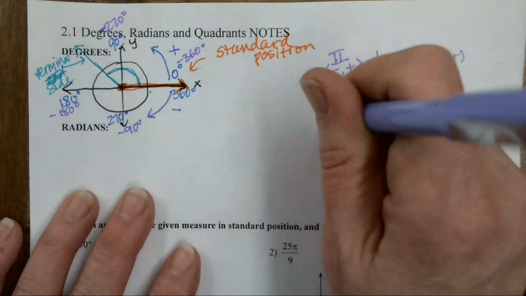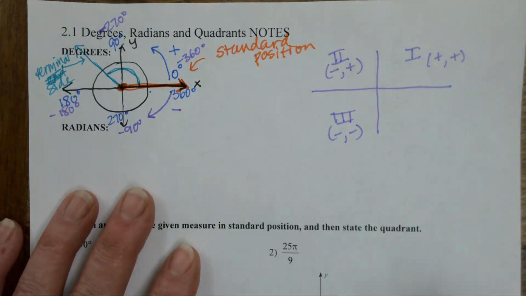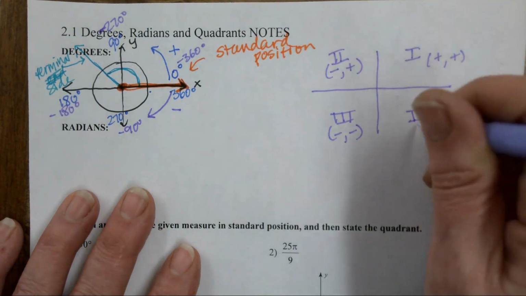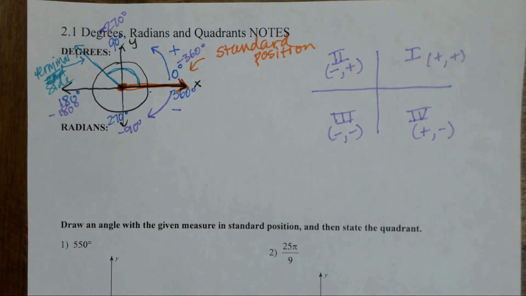In quadrant 3, I have all negative points. And in quadrant 4, I have positive, negative points. Okay? Review, a little bit of new, maybe direction.